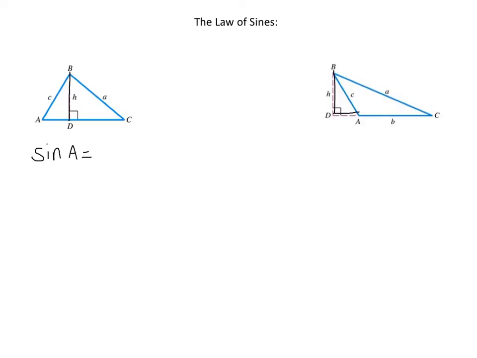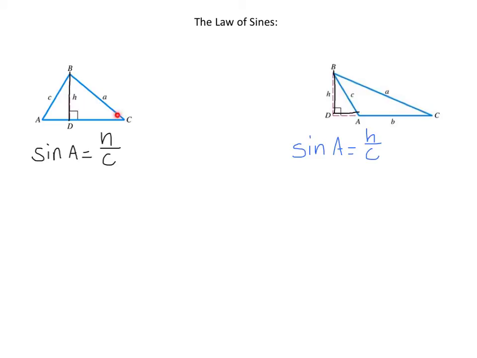From here, we can take the sine of angle A, and we know that that's equal to opposite over hypotenuse, so that would be h over c. On the obtuse triangle, if I take sine of angle A here, opposite over hypotenuse, it's the same thing.